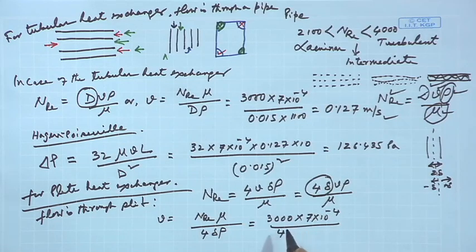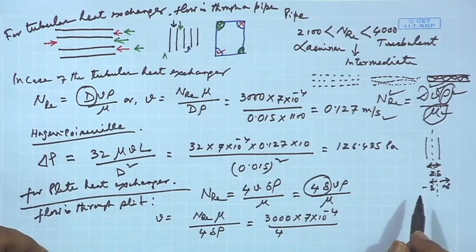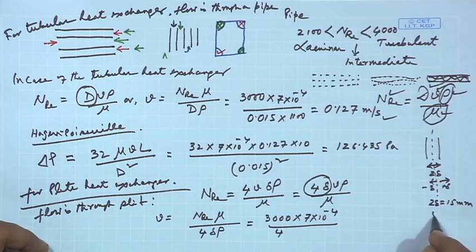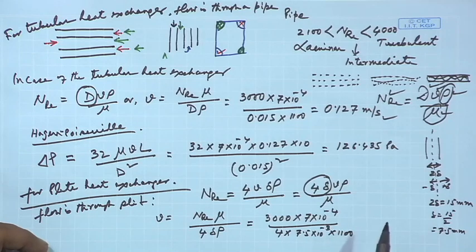Now, 2 del we have said, if we remember, was 15 millimeter apart. So, del is 15 by 2, that is 7.5 mm, right. So, we can write 4 into 7.5 into 10 to the power minus 3 into 1100, right.